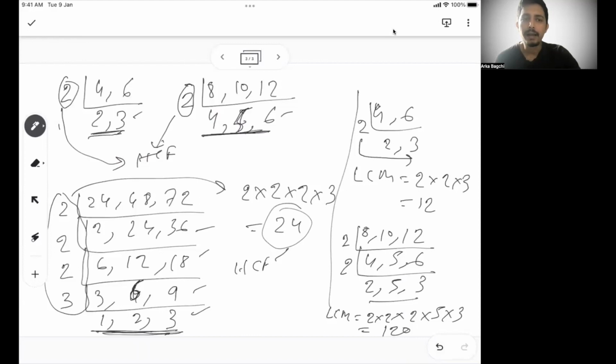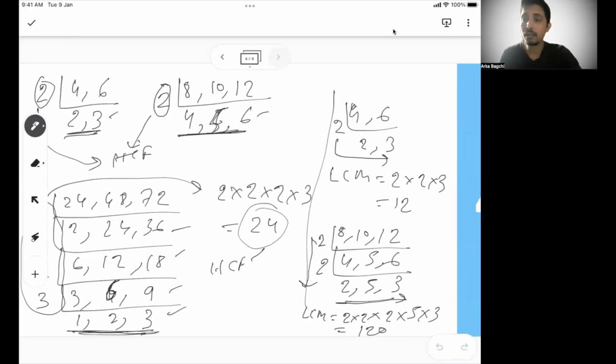For HCF, you just take the factors on the left and multiply them. For LCM, you take the entire thing: the factors on the left and what is finally left. So here the factors on the left were 2 and 2, and then we take all these 2, 5, and 3 and multiply. So this is the way to calculate HCF and LCM.